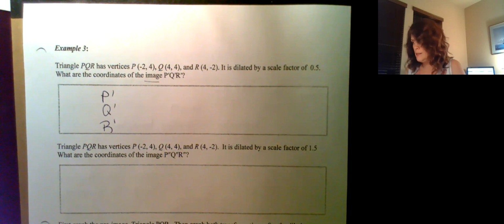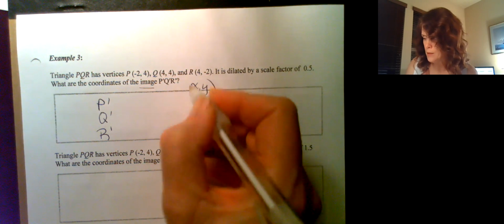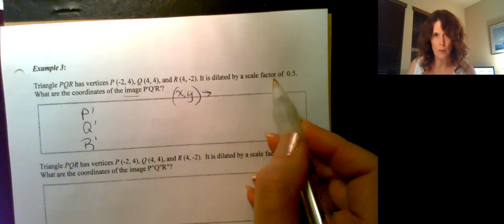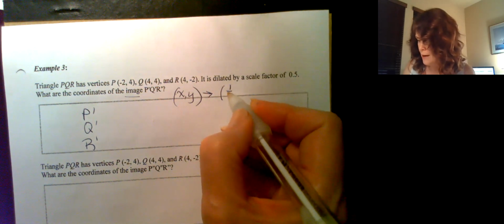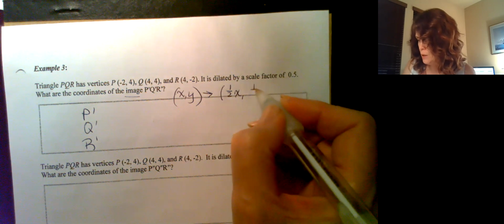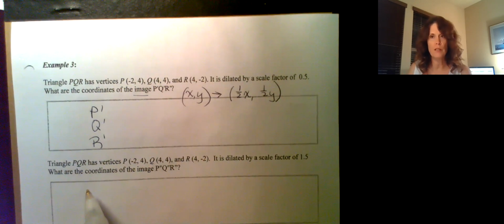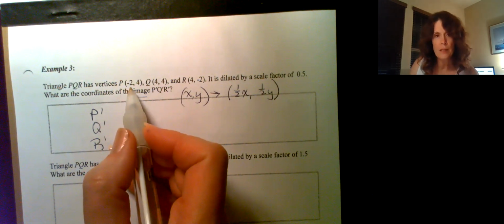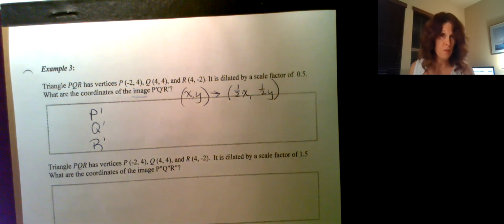Well, we're going to take again all of the x and y coordinates and multiply them by that number. So 1/2 times x and 1/2 times y. That's the transformation we want to do on these coordinates. So P, our pre-image is -2, 4, and I multiply them by 1/2, which is the same as dividing by 2.